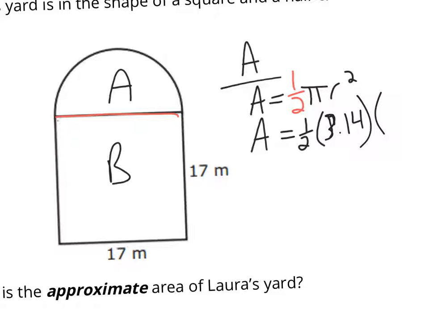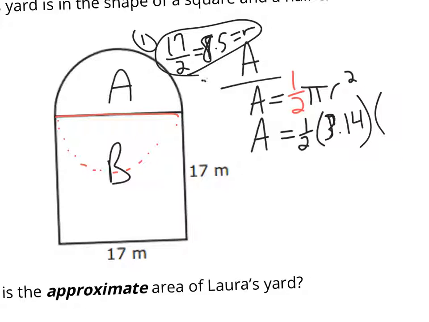That would be like our diameter, if you can imagine this. So we would take half of 17, which would be 8.5, so 8.5 would be our radius. So that would maybe be a first step for us, and then we can work that out.